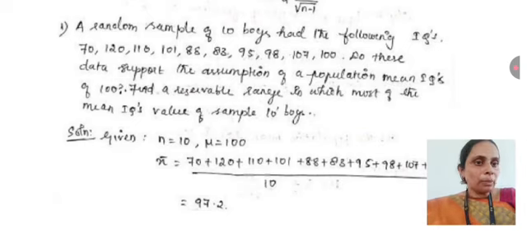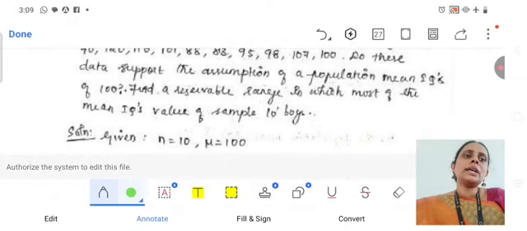We want to check whether the mean value is 100 or not, so we use the t-test. If the standard deviation is given, the formula is x bar minus mu divided by s by root n minus 1. If it is not given, x bar minus mu divided by s by root n. In this problem the standard deviation is not given, so we use x bar minus mu divided by s by root n.